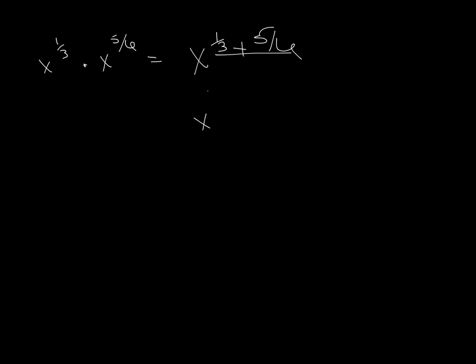Make common denominators. Okay, and you're done. Which is also equal to the 6th root of x to the 7th power. But we would never write it that way. That's too goofy.